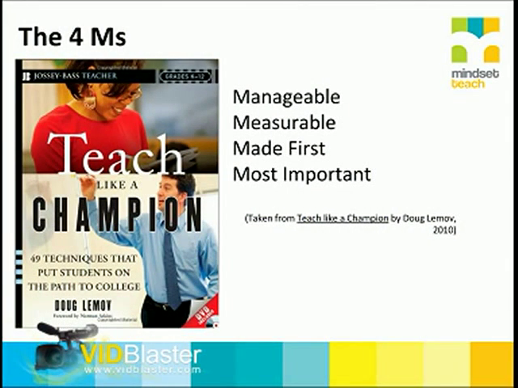Now, I don't think I've used the best example because it's talking specifically about a skill, and it can be anything. It could be a piece of content. It could be a feeling the learner has after doing it, maybe like building confidence. The next point, made first, is the one that I'm really excited about. So often we use our textbooks to define the activities that we're doing in class.